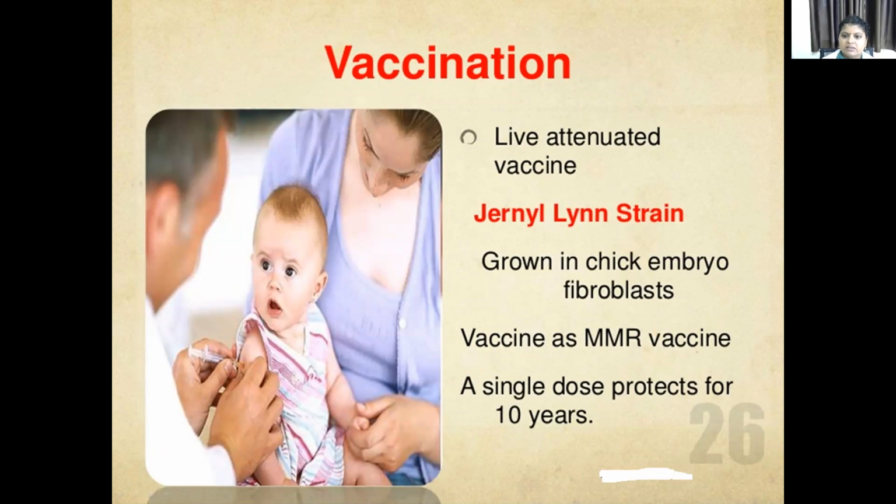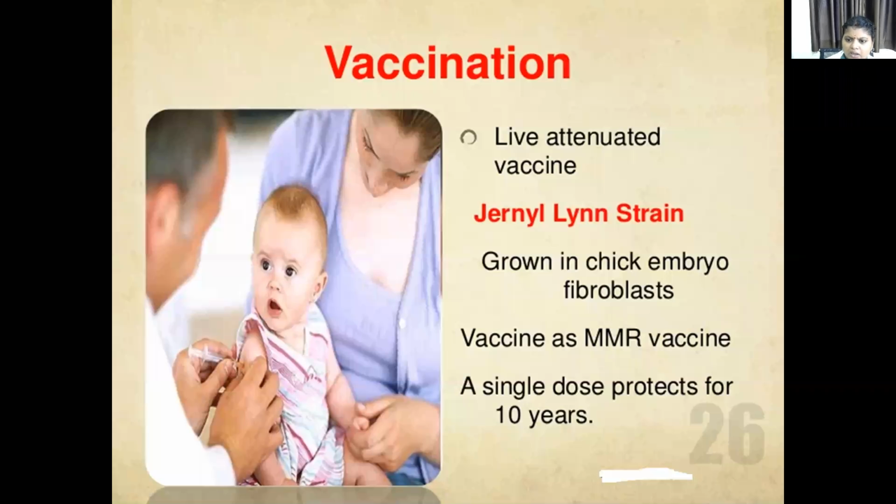Previously many live attenuated vaccines were used, but due to allergic reactions, they are not commonly used now. Nowadays we are using the Jeryl Lynn strain. These are attenuated by serial passages in the chick embryo and grown in chick embryo fibroblasts.